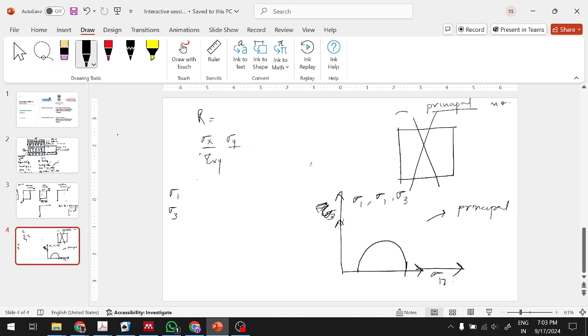So you will calculate the sigma 1 and sigma 3 for this, and then you can calculate the radius as sigma 1 plus sigma 3 over 2, and the center as sigma 1 minus sigma 3 by 2. This will be sigma 1, this will be sigma 3, isn't it?